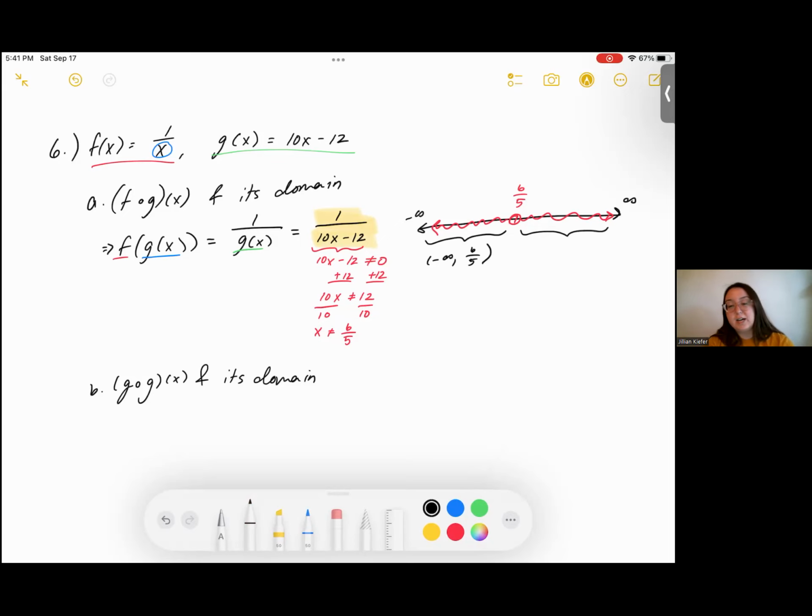Then the other side of our interval will start at 6 over 5, and it goes to infinity. And once again, we have parentheses because our point 6 over 5 is not included, and our infinities always have parentheses on them. So we have our two intervals here. Now, the last thing we need to do to connect these is to put in our union. And once we have that, this is our domain.